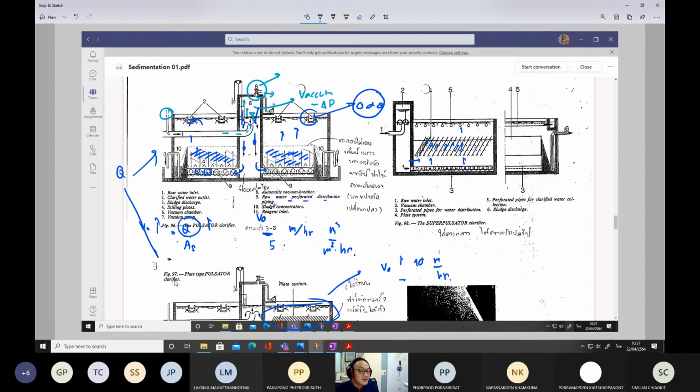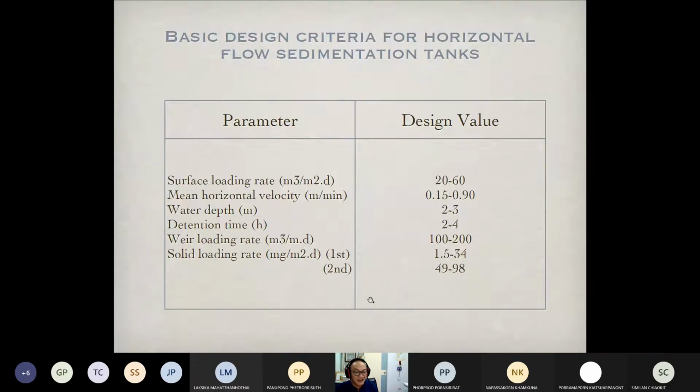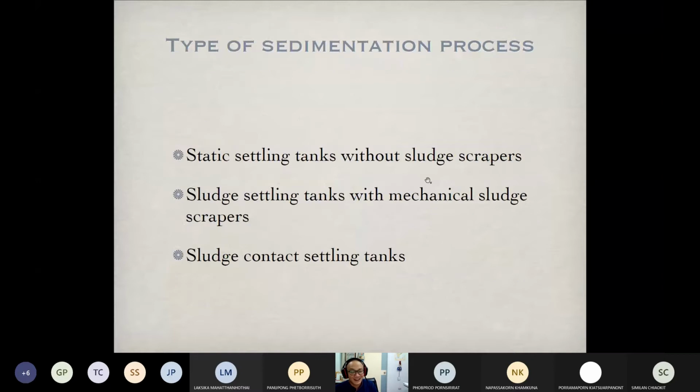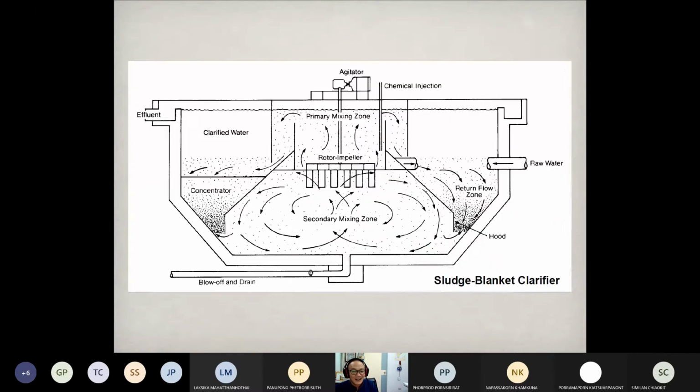The difference is that the size of this one will be much smaller, at least smaller than this one by half. So if you already have the flow rate and you use this tank, the size does not have to be very high. So this is the beneficial use of the inclined plate. And now, how can the inclined plate improve the quality of the treatment? This is the answer.